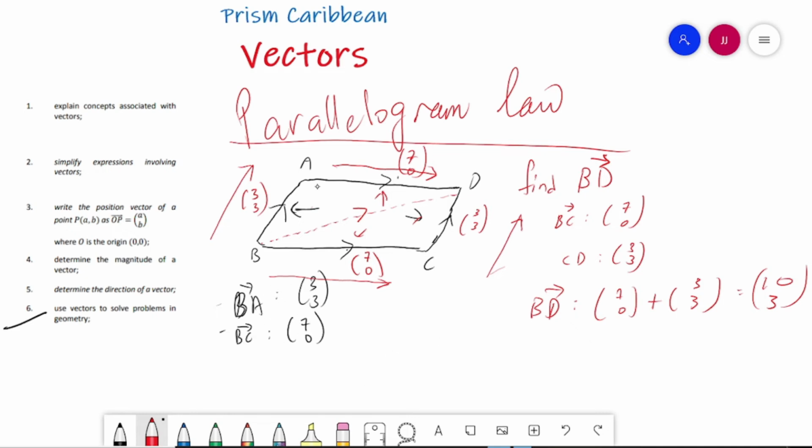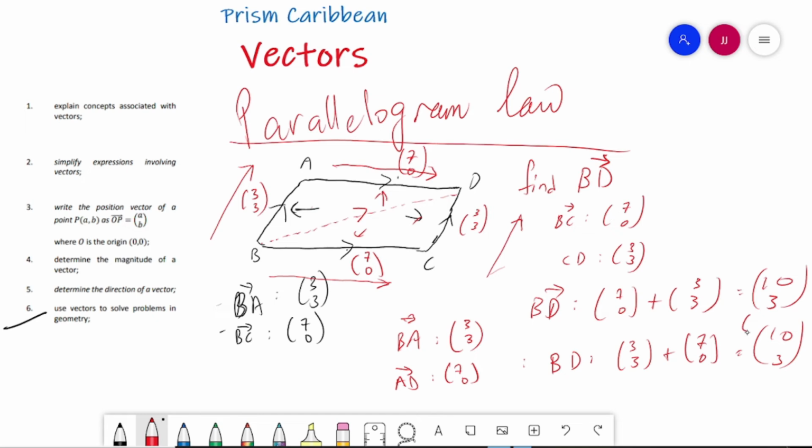That is from B to A and A to D. So B to A will be 3, 3, and A to D will be 7, 0. And that means B to D will be 3, 3 plus 7, 0, which will give us 10, 3.